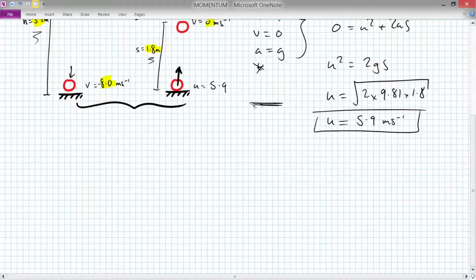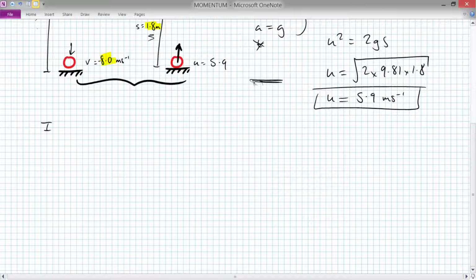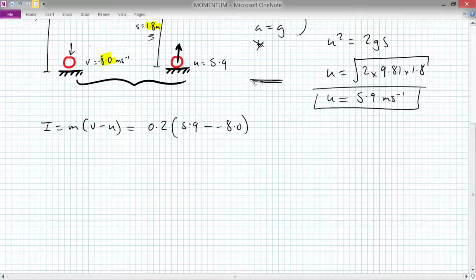So we've got that impulse is going to be our m multiplied by the change in velocity. So that's going to be 0.2, and then in brackets the speed afterwards, which is 5.9, minus the speed before, which is minus 8.0.